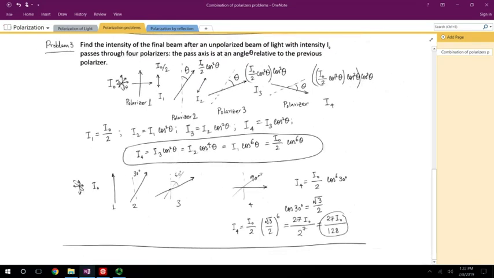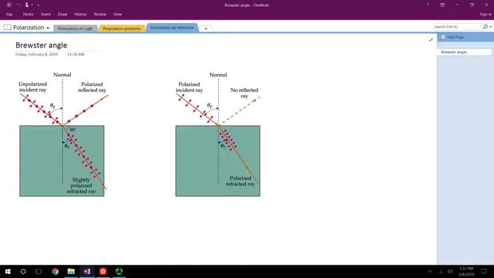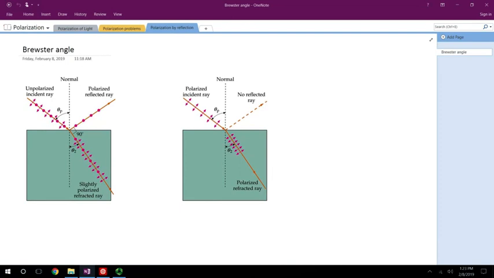Okay, so the next topic would be polarization by reflection. And here, it turns out that there is another way of getting polarized rays of light, and that is by polarization by reflection.